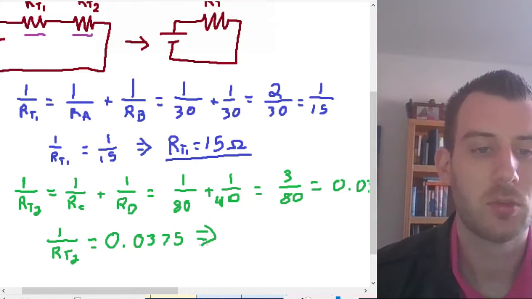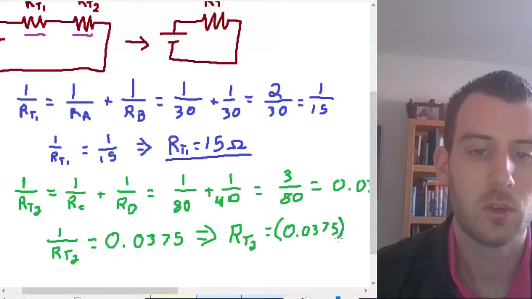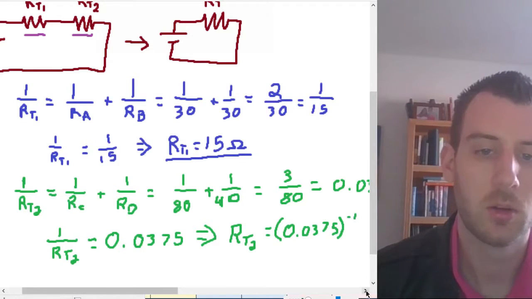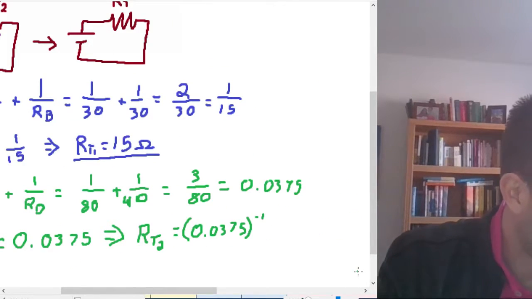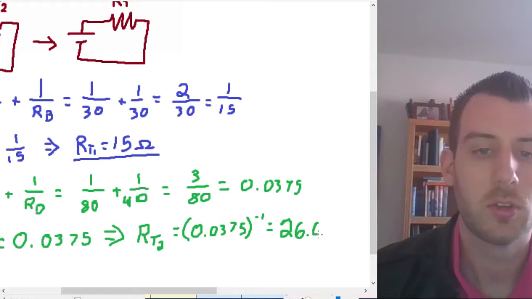That means that I have to flip it over and say that resistor total 2 is equal to 0.0375 inverted to the -1 power. So if I take all that and I invert it, I get something around the lines of 26.67 ohms. And that looks more reasonable to me, so I'm feeling good.